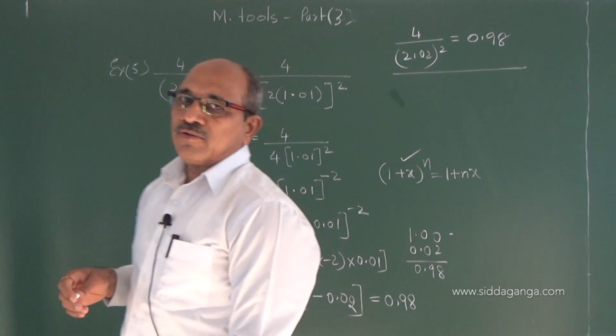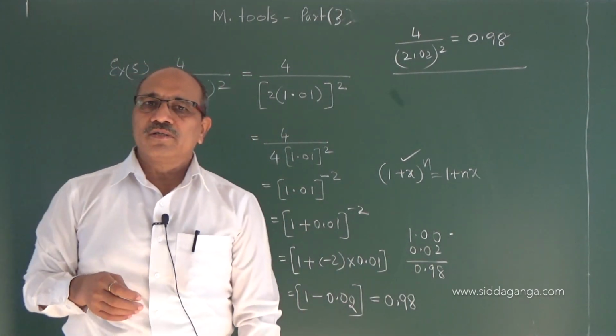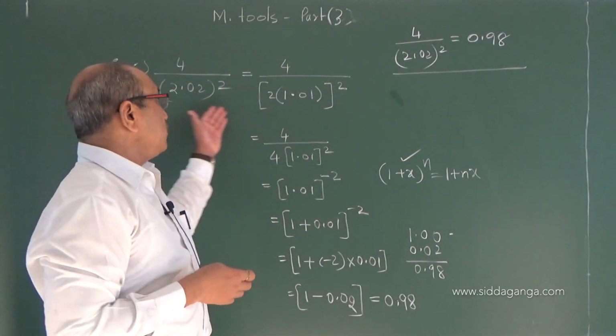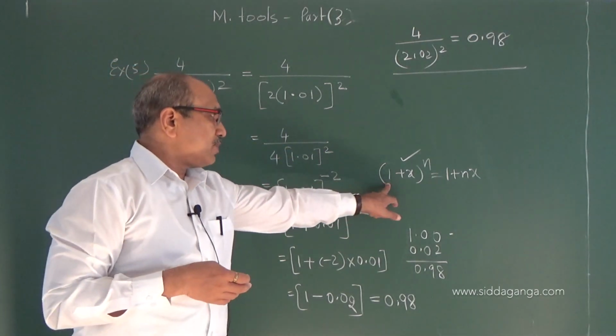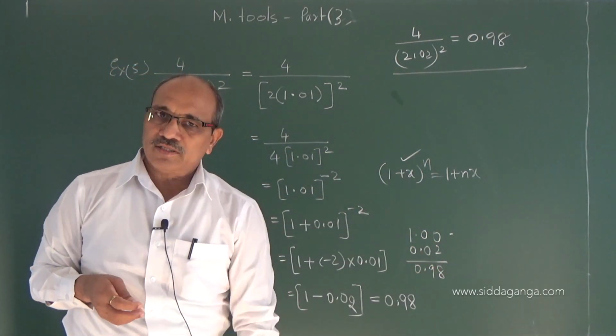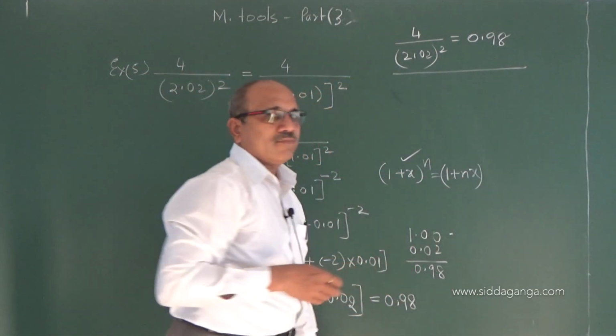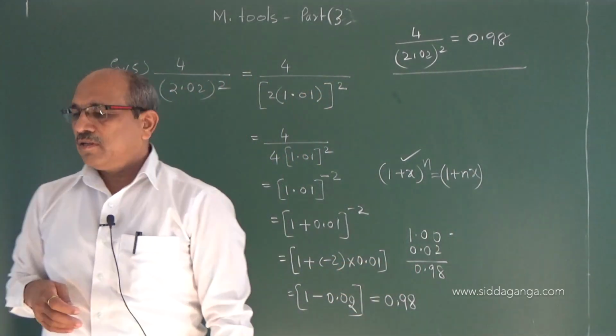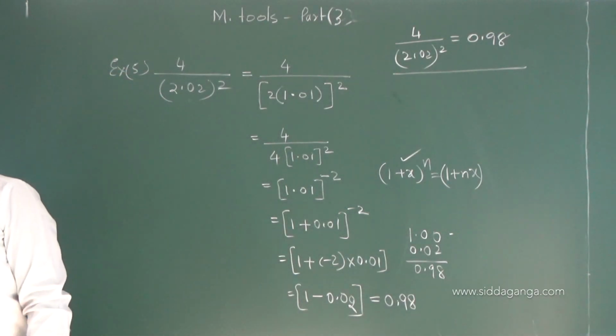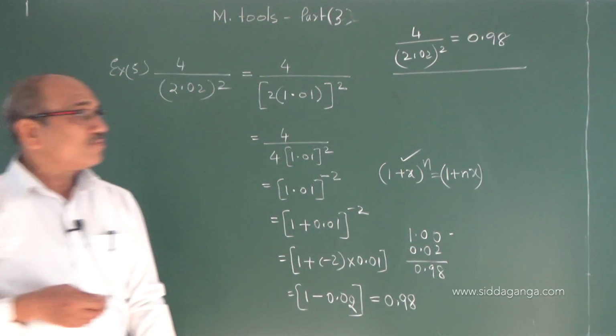So these are the two important concepts I have taken. One is the use of the binomial theorem, 1 plus x to the power n as 1 plus nx, and also the geometrical progression. And concluding here, I am assigning one homework. Let us try this.